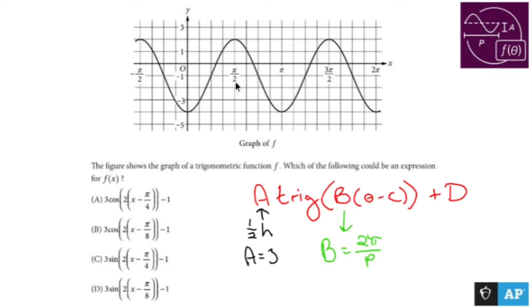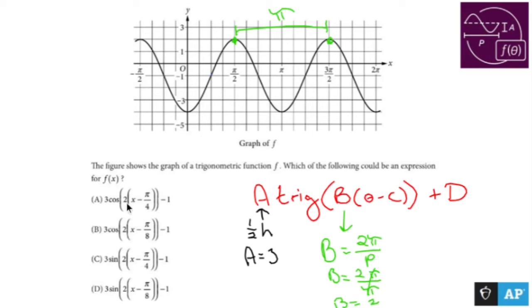Now if I just pick the tippy top here to the tippy top here, that is a change of 3 pi over 2 minus 1 pi over 2, which is pi, or 2 pi over 2, or pi. So the period is pi. So B is going to be 2 pi over pi, which means B is 2.